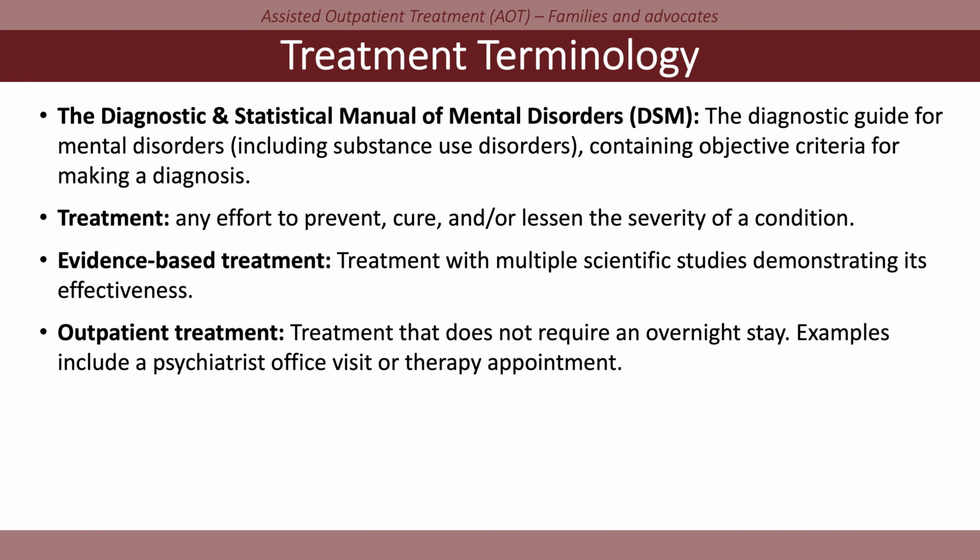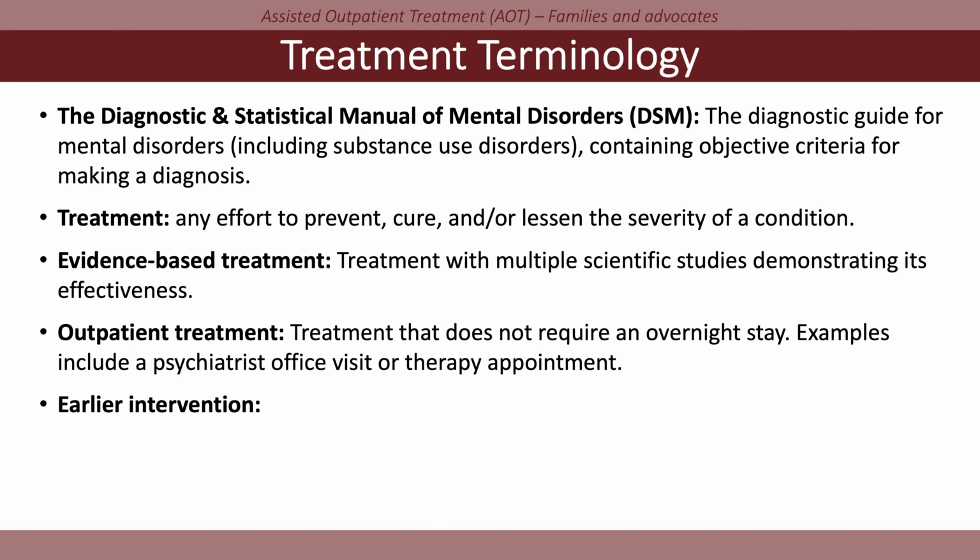We go to doctor's appointments, and we try to go to doctor's appointments so that we can avoid a health condition getting worse and having to be admitted to the hospital. So outpatient treatment, when you see that referred to, is typically going to refer to community-based services, such as a psychiatrist office visit or therapy appointment.